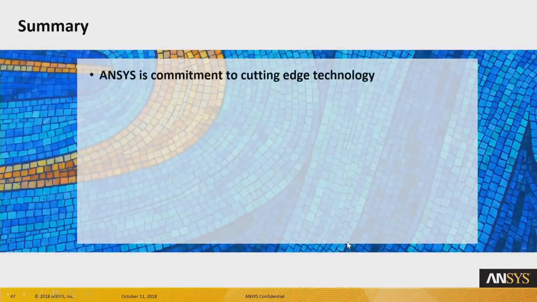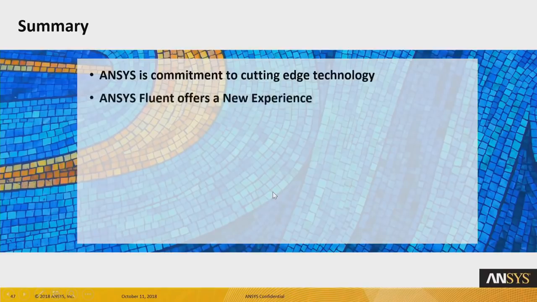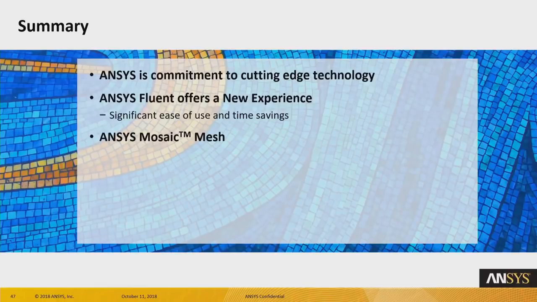So to summarize, I gave a short introduction to CFD. I described what the method is, how it can be used, and showed the most common application. I spoke about the Fluent new experience with the new workflow, which is entirely task-based and happens in one single window.